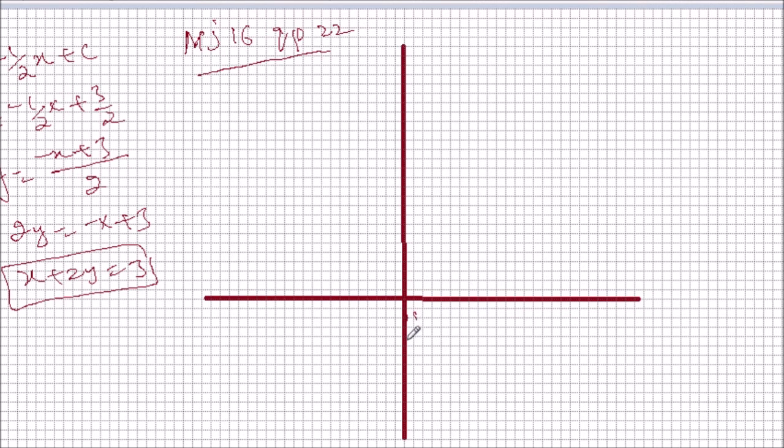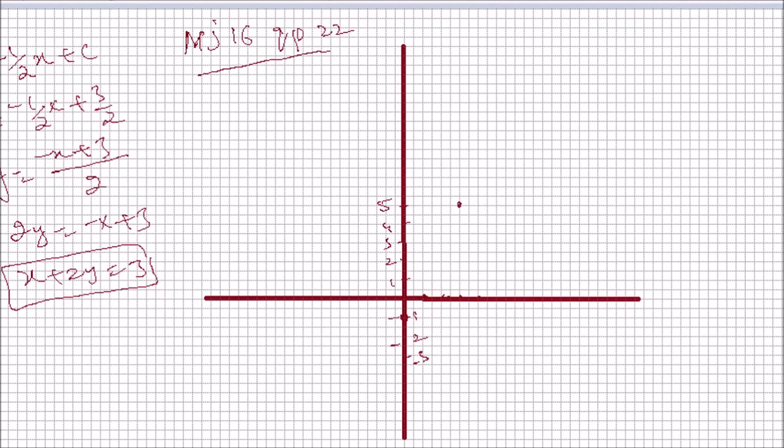So 1, 2, 3, minus 1, minus 2, minus 3. This is 2 boxes, 1 2 3 4 5, and so on. The line is crossing this point and crossing 3, 5 somewhere here, and here is -1, 0.